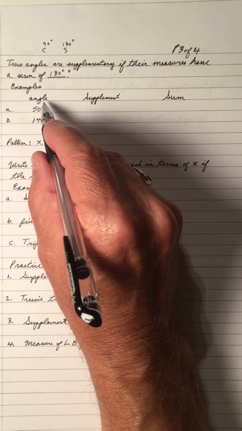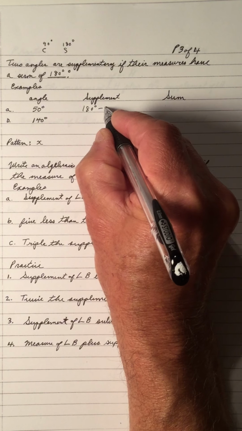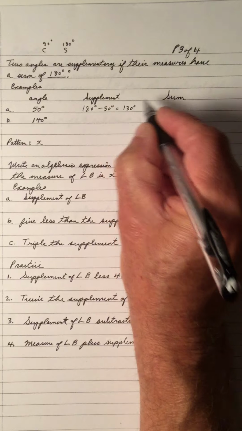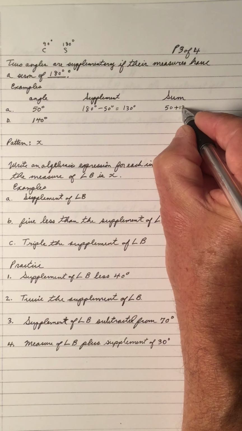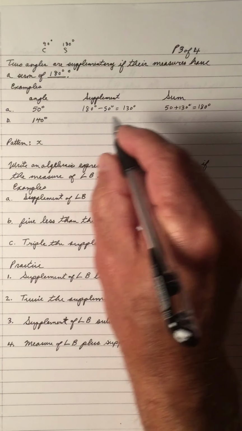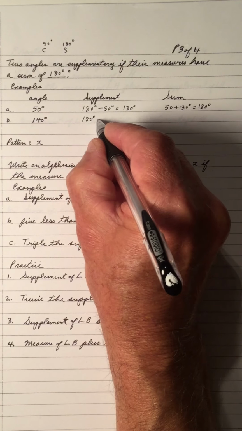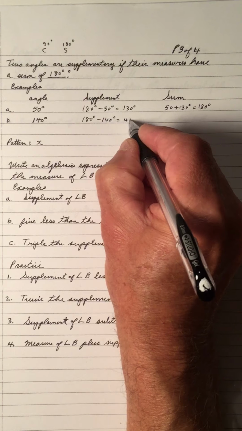Anyway, if you have an angle of 50, the supplement is 180 minus the 50, which is 130 degrees. And the sum, 50 plus 130, is 180. You have 140 degrees, the supplement is 180 minus 140, and that's 40 degrees.